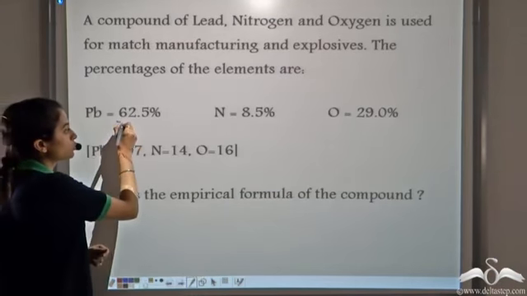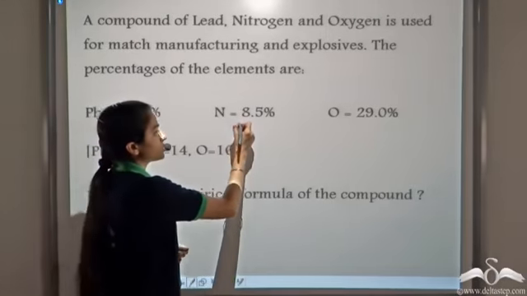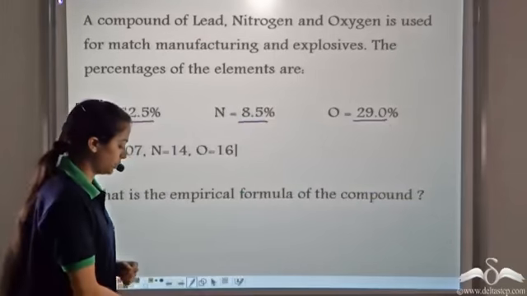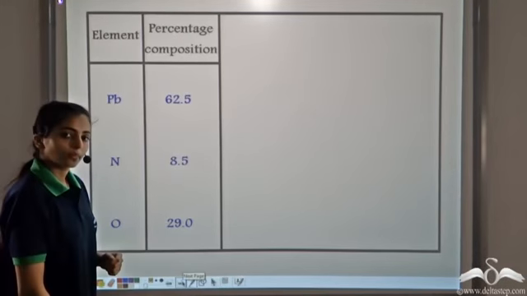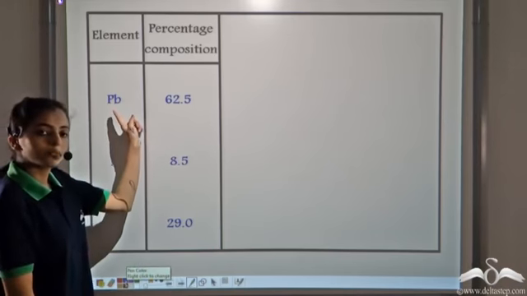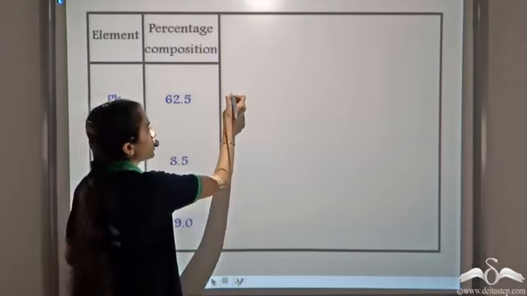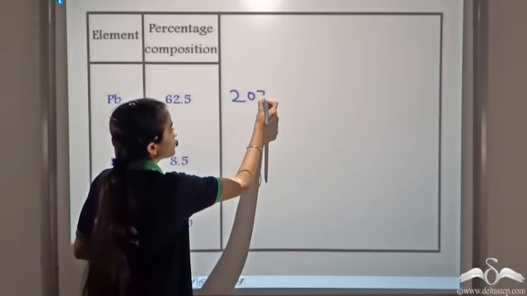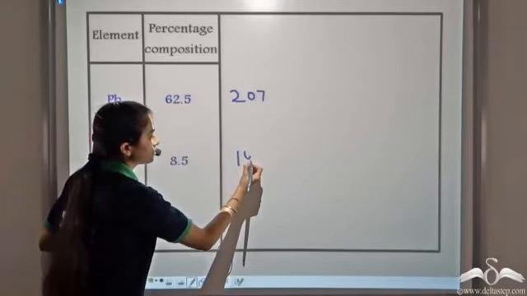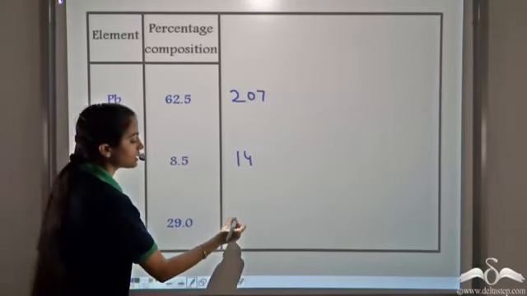So lead is 62.5%, nitrogen is 8.5%, and oxygen is 29% in the compound. Now let's write their atomic masses. The atomic mass of lead given to us is 207. For nitrogen it is 14, and for oxygen it is 16.